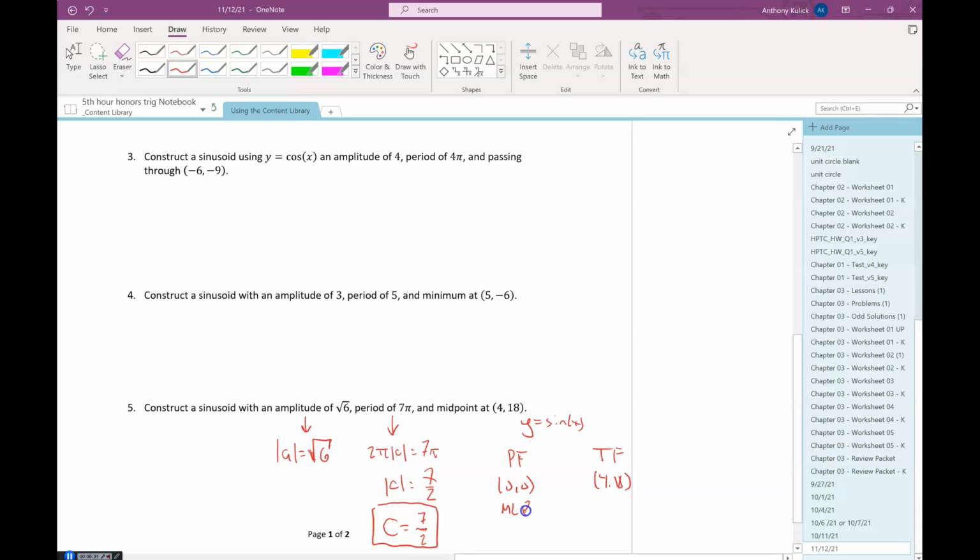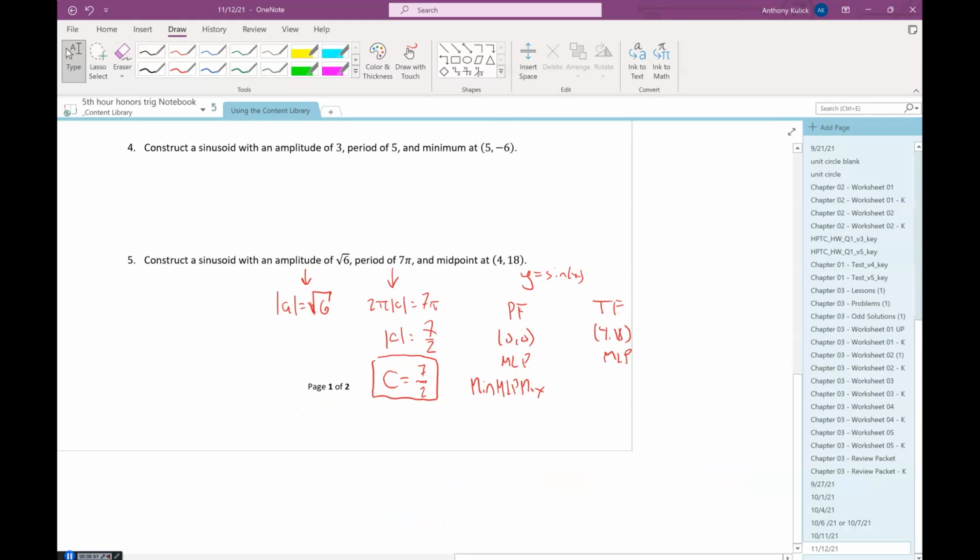Again, this is a midline point, and this is a midline point. From the parent function, the type of midline point we have is the one that goes minimum, midline point, maximum. So I just wrote that underneath. In the transform function, we're not told any information about the kind of midline point that is. So we're free to choose.